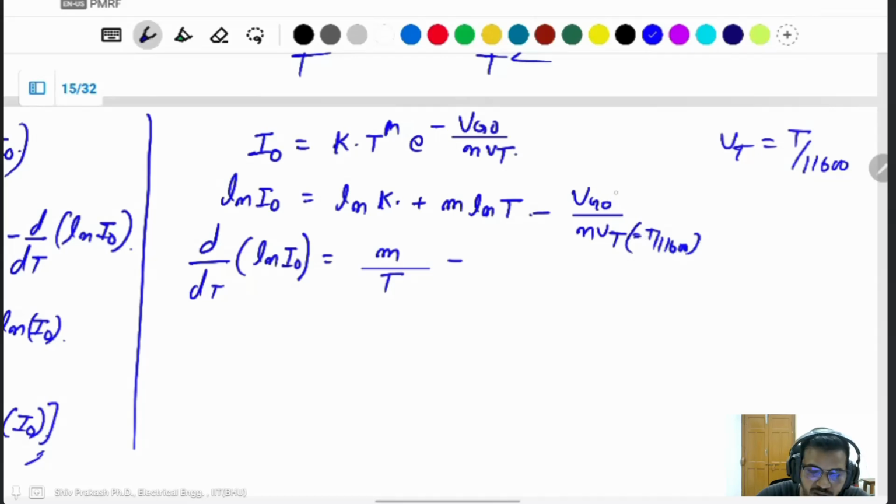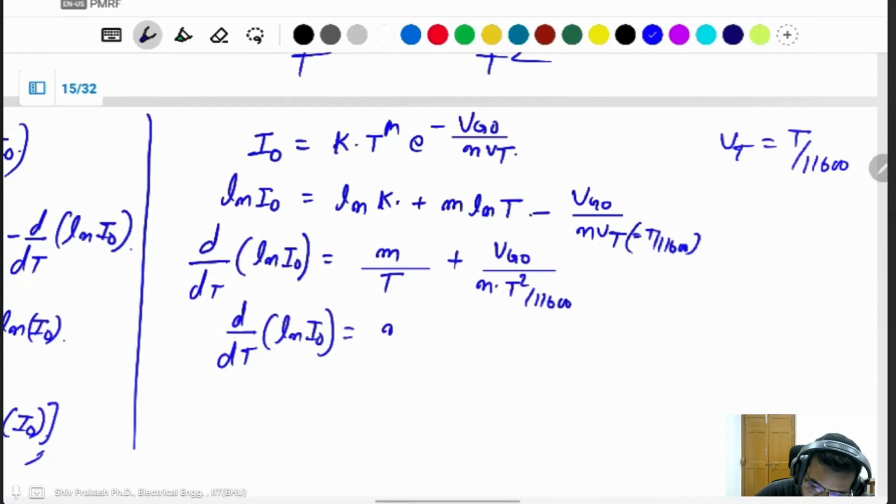VGO is constant because it is the forbidden gap energy of the electron. For silicon it is 1.16 to 1.2 only. This will be constant, N will be constant. Vt is T divided by 11,600. If we differentiate, 1 by T gives minus 1 by T square. Then the minus will become positive, divided by n into T square divided by 11,600, and d by dT.